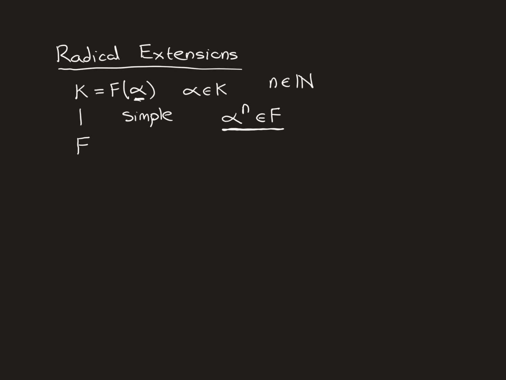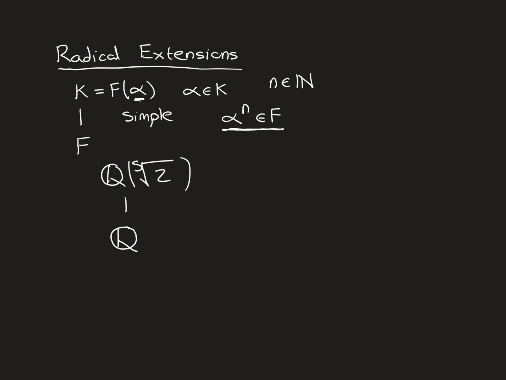So let me give you an example. We will go to our favorite field, which is the rational numbers, and let's say we join on the, let's say, fifth root of 2, and I could have put anything there, but 5 will suffice. So this extension here, Q to Q adjoin the fifth root of 2, this is a simple extension because it's achieved by joining on a single element, the fifth root of 2.